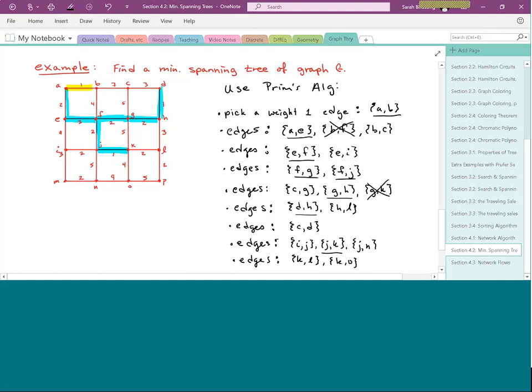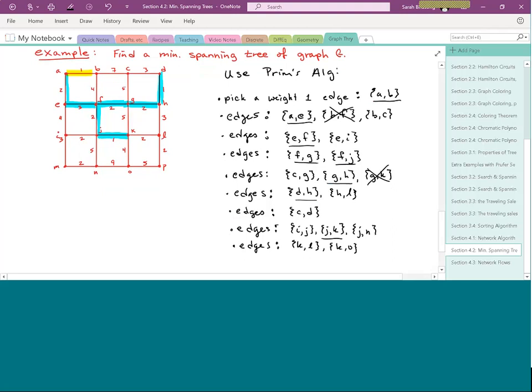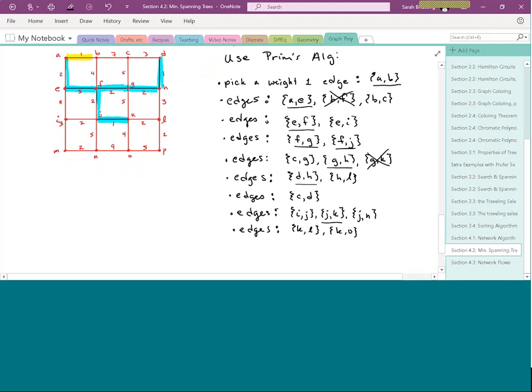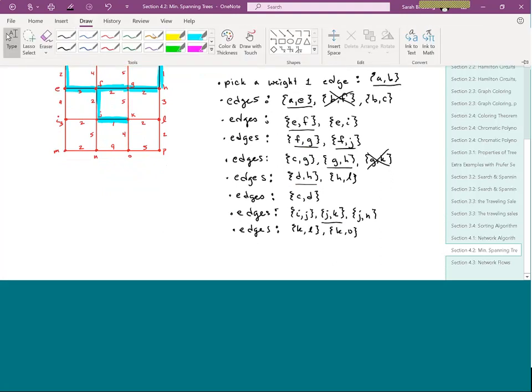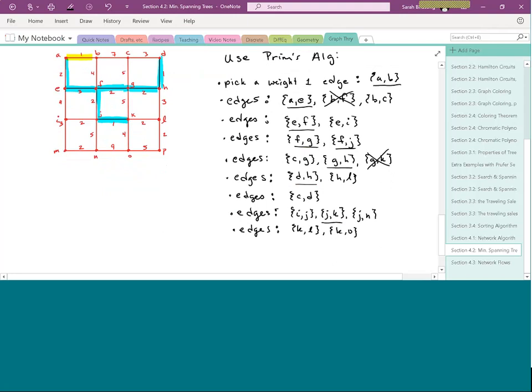So what do you guys think the next edge is that we should throw in? Turns out there's options. You can totally pick KL, and since that's what you guys said, let's pick KL. But you also could have picked the other weight 2 guy, which is IJ.